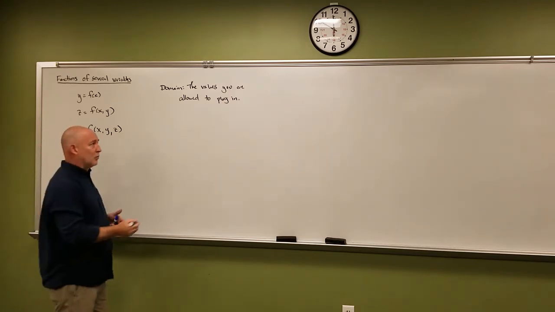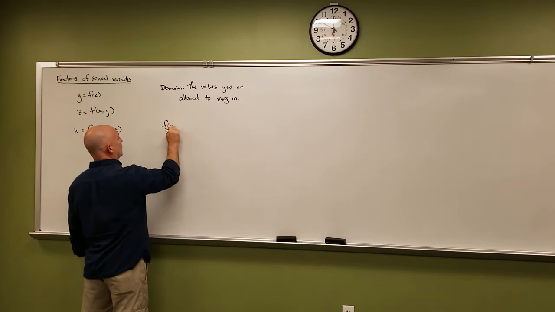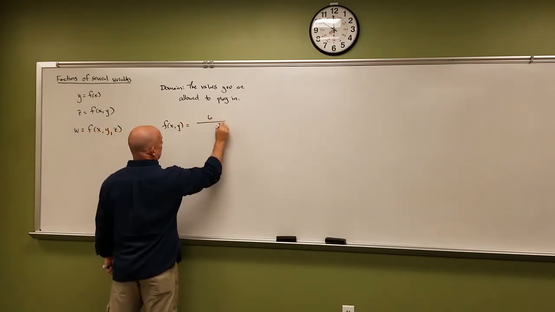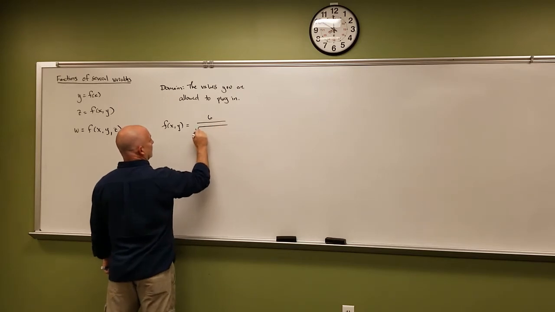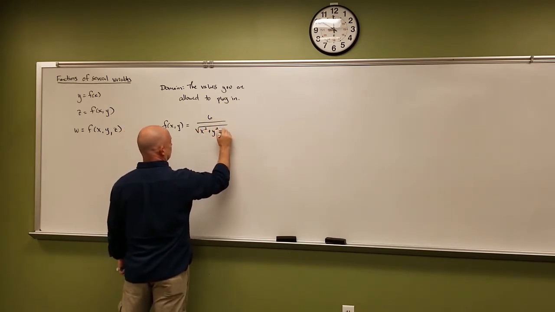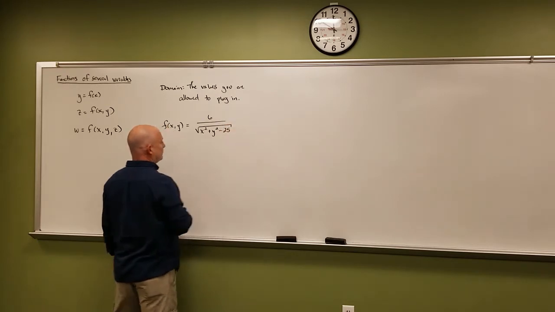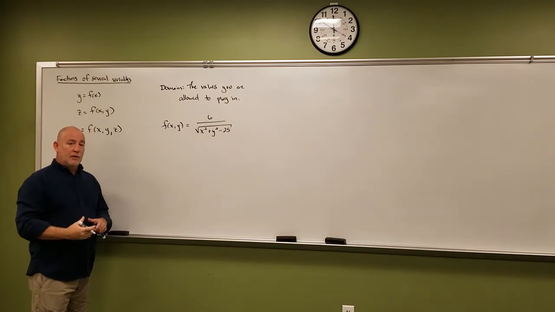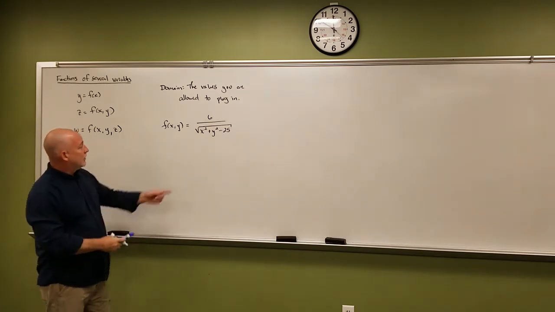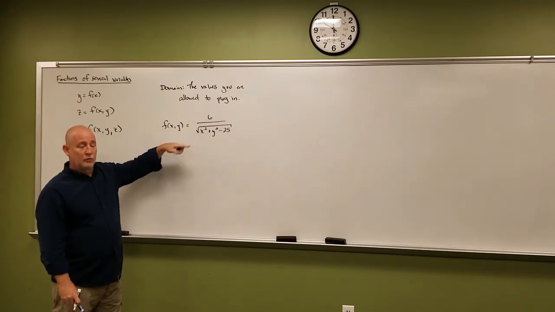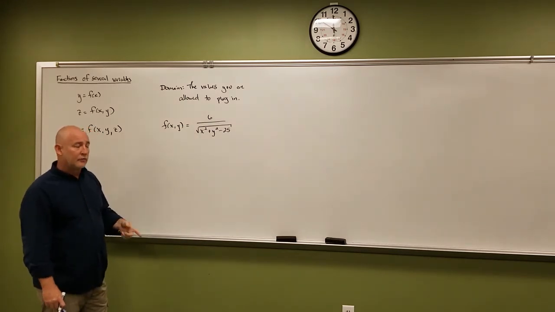When we're looking at functions that maybe look like this: what if I said 6 over the square root of x squared plus y squared minus 25? Okay, like always, you have to look at all the things that may restrict your domain. Here, we have an even root. Since we have an even root, we generally don't want to deal with complex numbers in this course.